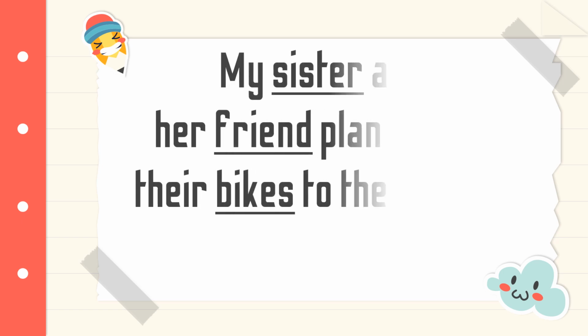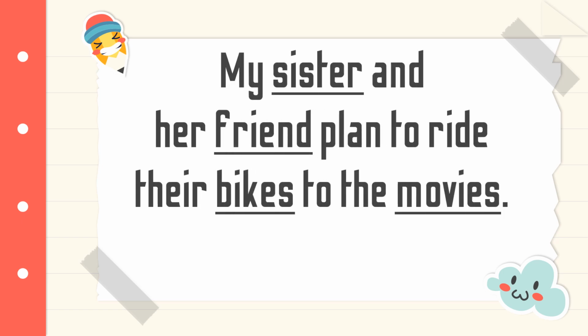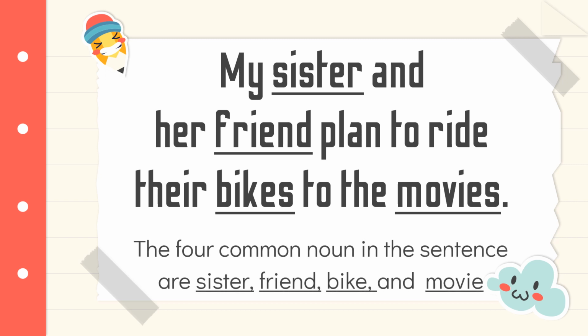Example, in the sentence, my sister and her friend plan to ride their bikes to the movies. In this sentence, the four common nouns are sister, friend, bike, and movie, because those words can mean anything. It is not specific or particular. They can refer to anything else or something else.